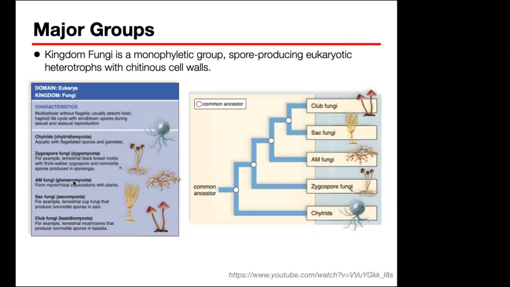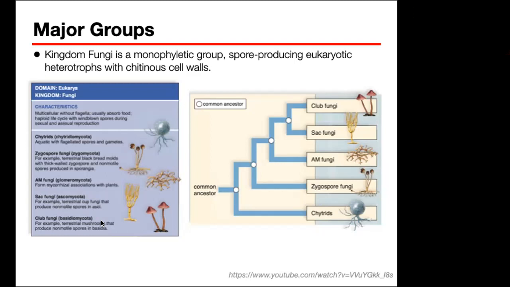Our glomeromycota, or glomeromycetes, also known as the arbuscular mycorrhizal fungi, form associations with plants, so their approach is mutualistic. Sac fungi are our ascomycetes. These are our cup fungi that produce non-motile spores in their asci, or our finger-like projections, which we are going to discuss in a while.